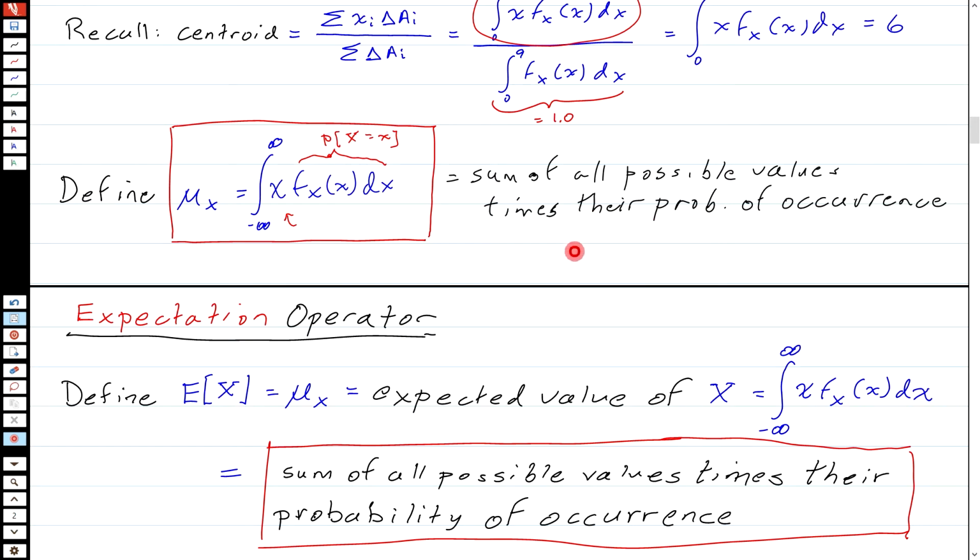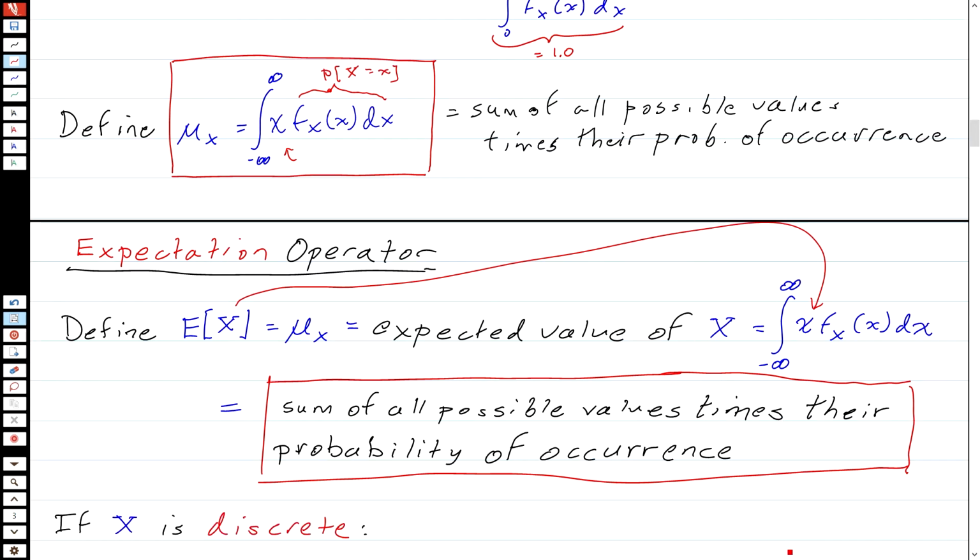Now I mentioned before the expectation operator. We're going to get mu of x by taking the expected value of x. We define the expectation operator as so: E of x, in words, the expected value of x, is defined as the integral from minus infinity to infinity of x, so I take this thing here and stick it in here and multiply by the probability of occurrence, which is f of x dx.